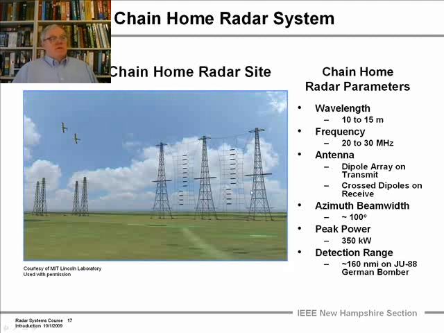This artistic visualization was developed by an artist, Chet Beals, in MIT Lincoln Laboratories Graphic Arts Department, and he developed it from a British paper which described technically what the system looks like. And I could not find anywhere a really good visualization of what the Chain Home radar looked like.